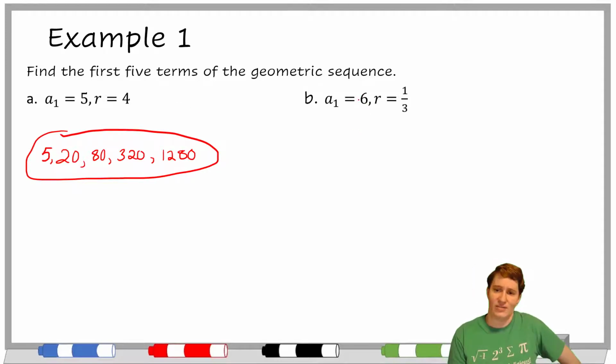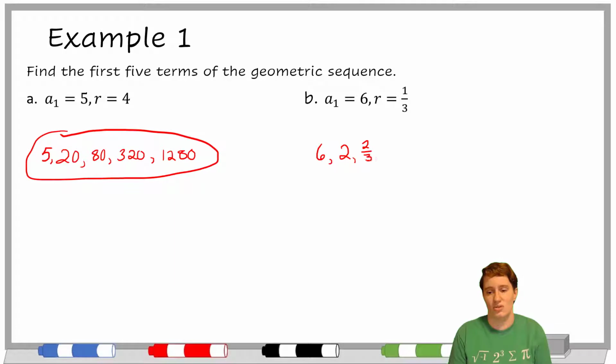What if A1 is 6, but then R is a third? So we're going to say 6 times 1/3, which is like saying 6 divided by 3, so that's 2. After that, this gets kind of annoying, because 2 times a third is 2/3, and we're just going to get smaller and smaller fractions. Incidentally, that is why, if we wanted to, we could find the infinite sum of this sequence, because we would keep adding smaller and smaller pieces to it.